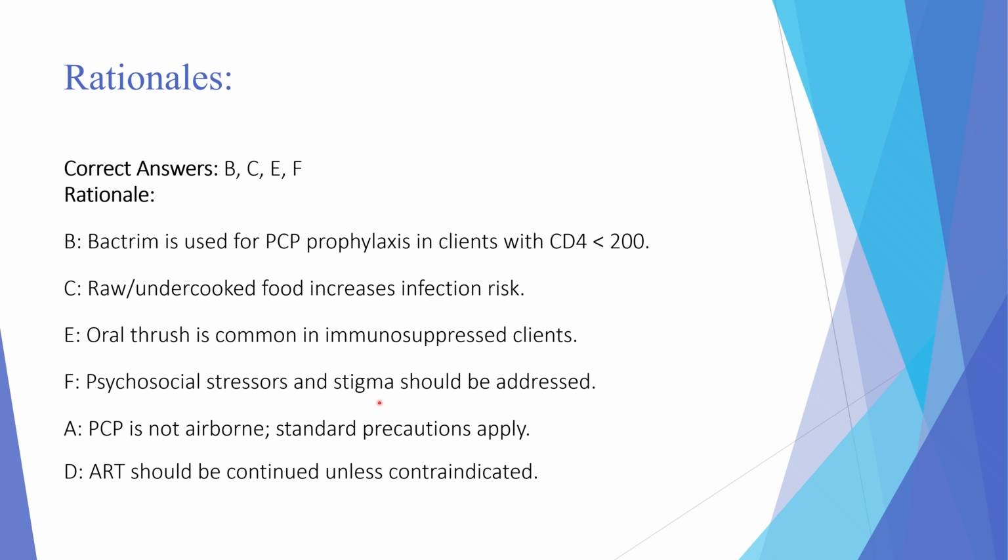Psychosocial stressors and stigma should be addressed. PCP is not airborne; standard precautions apply. ART should be continued unless contraindicated. So here it is not airborne because it doesn't have TB.